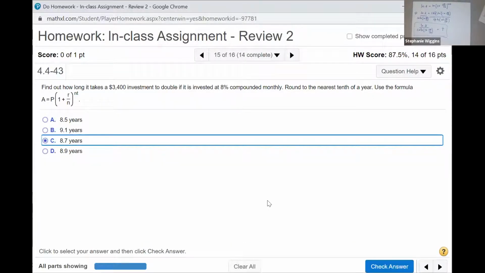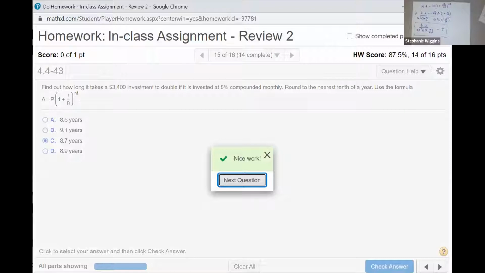So C is the correct answer. 8.69 rounds up to 8.7 years. Okay?